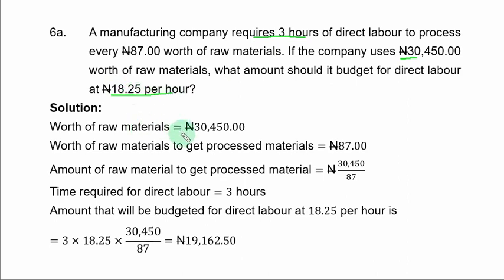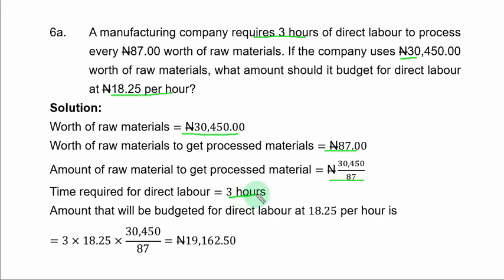Worth of raw materials is this amount. Worth of raw materials to get processed materials is 87 naira. Now, the amount of raw material to get processed material is found by dividing the worth of raw materials by the worth of raw materials to get processed materials. This is this. Time required for direct labor is 3 hours.